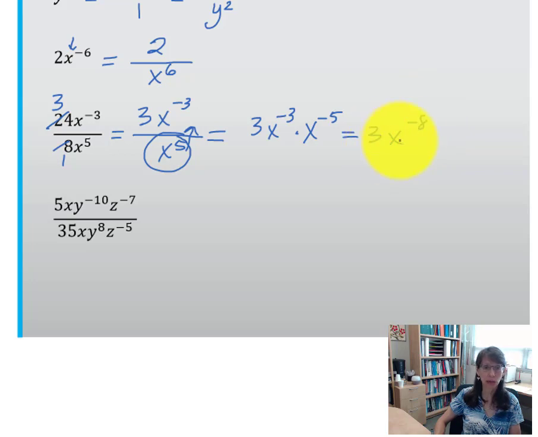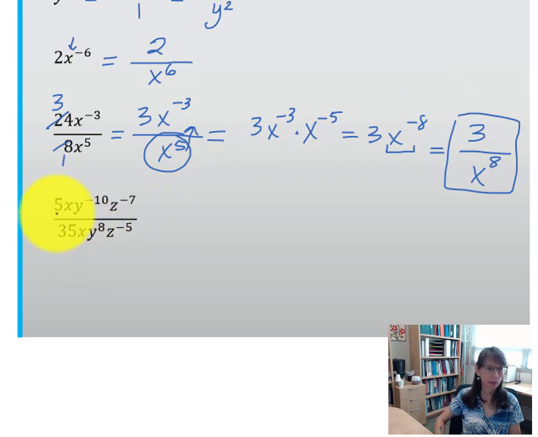That is not finished because I have a base raised to a negative exponent. So just the base of x now will need to shift to the denominator. 3 is not raised to a negative power, so it remains in the numerator. Only base of x will shift across the division bar, and now it's raised to a positive 8. So there's my final answer.